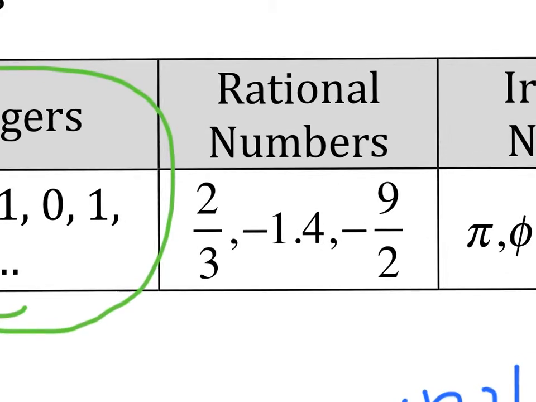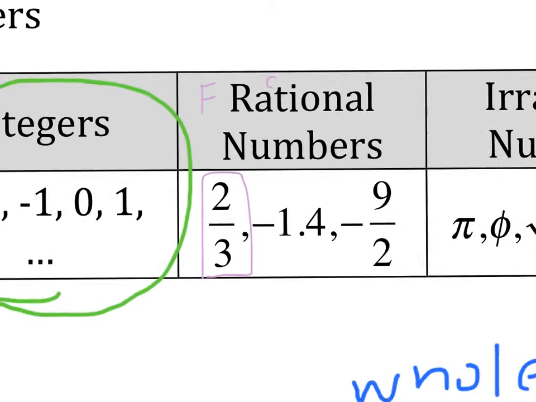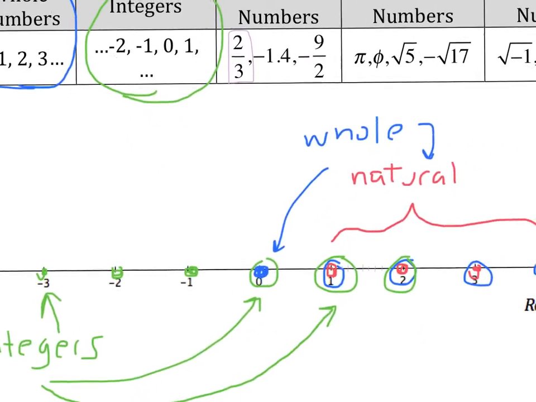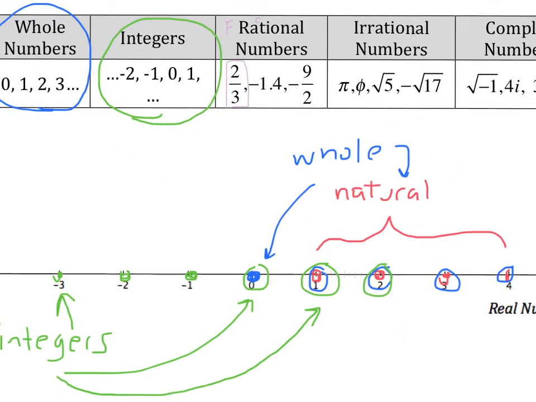Rational numbers are fractional numbers. So notice 2/3. Negative 1.4 can be written as a fraction, 4/10 here. Negative 9/2. So any number that can be written as a fraction, we can call rational numbers.